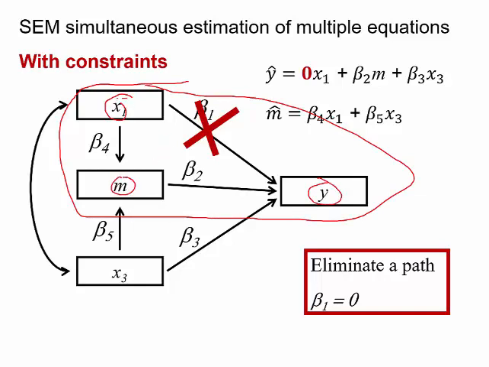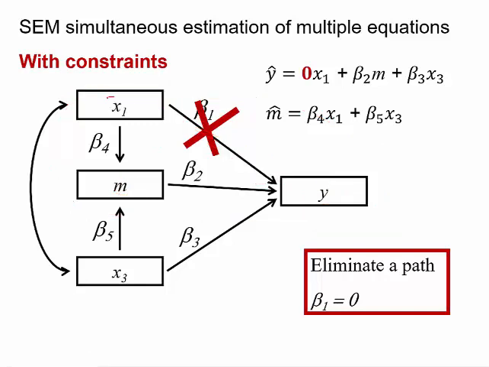This pathway, beta 1, is the direct effect of x1 on y, after controlling for the mediator. And then we've got this mediated path where x1 predicts the mediator, which in turn predicts y.